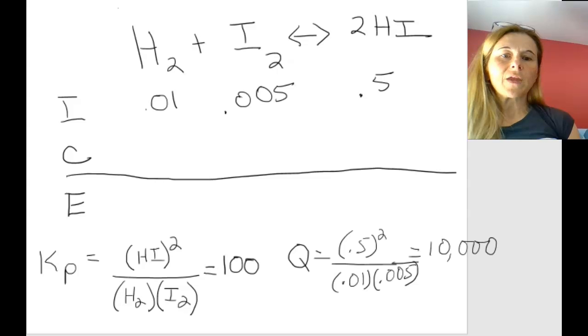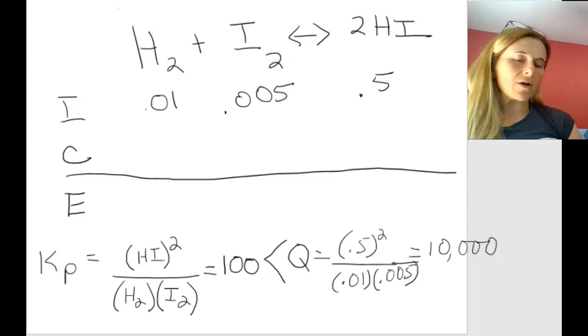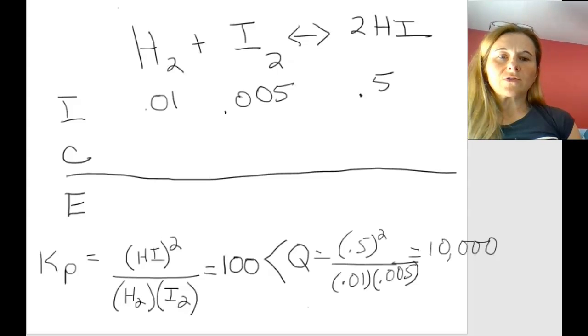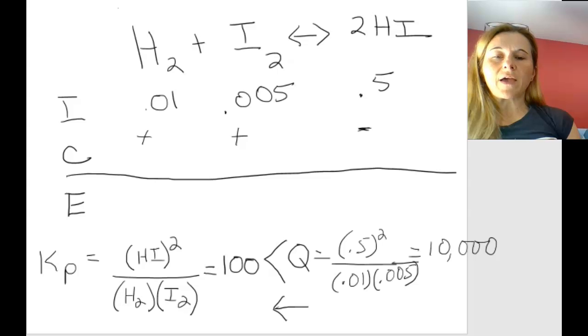That's a big number. So we can see here that our Q is bigger than our K. So that means that we are shifting to the left. We have more product than we do reactant. So we are going to subtract from that one, and we're going to add to these by how much? Right, 1x, 1x, and 2x. We grab those numbers from our coefficients there.